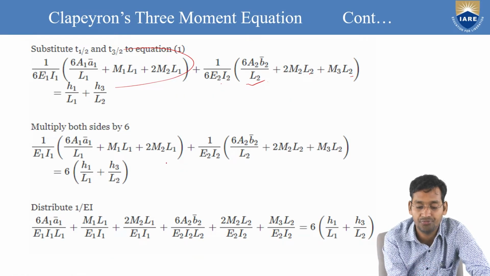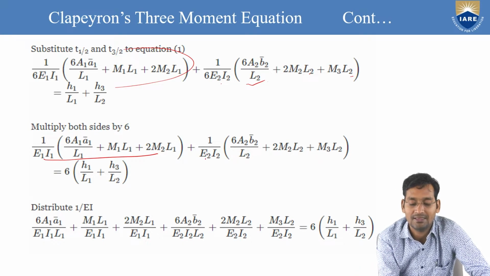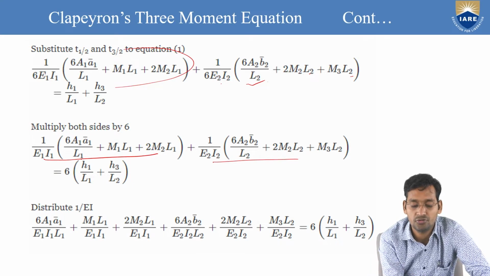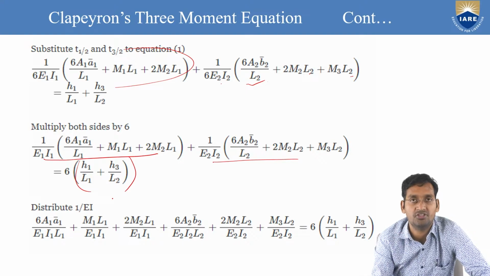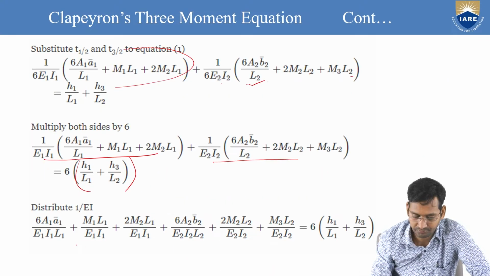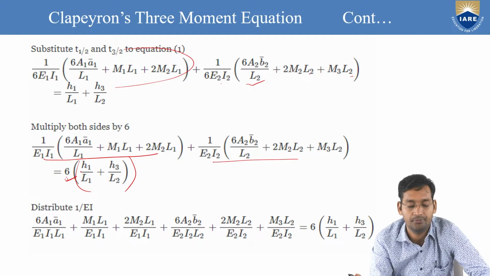This is for T1 to 2 by L1, and this is for T3 to 2 by L2, equal to H1 plus H2. In both equations we have seen this 6 is there, so take 1 by 6 common from here and just cross multiply. So this will get multiplied here.